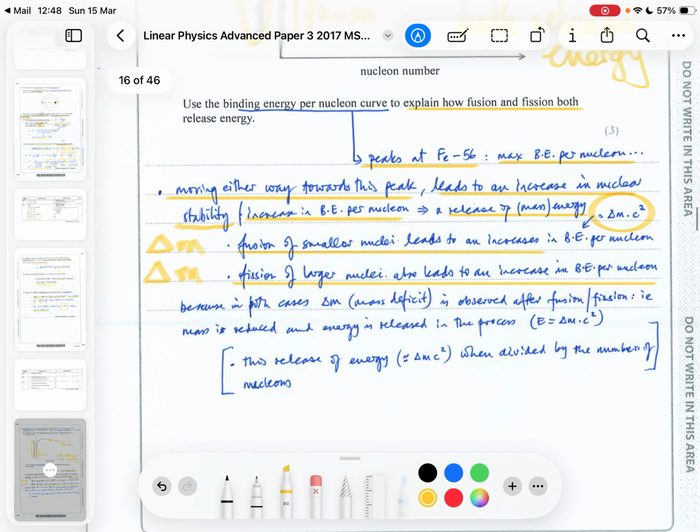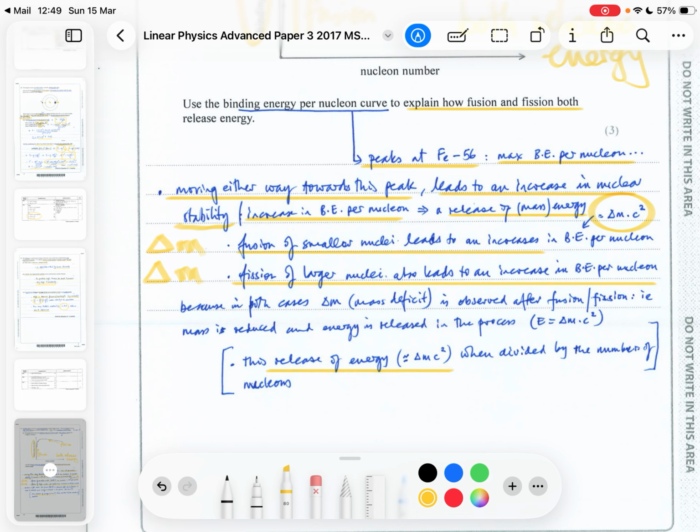So when you look at the mass before, say with fission, uranium is one that we've looked at in GCSE. When it splits up into smaller daughter nuclei, if you look at the masses before and after, they don't add up, to say 5 decimal places. And the mass decreases, and that mass decrease leads to this release of energy using E equals mc squared, okay?